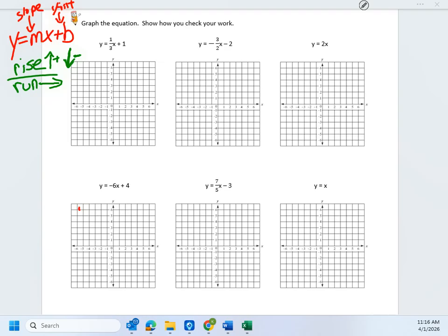Remind yourself with that slope, the rise, if it's positive, you go up. If it's negative, you go down. The run is how many across you're going to go. Some of us frequently flip that rise and that run. We accidentally go up the bottom number and go across that top number, and we end up with the wrong line being drawn. So write yourself the note on it, so you make sure you're doing it correctly.